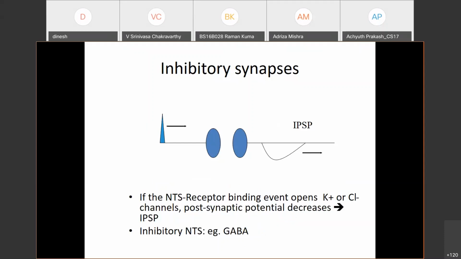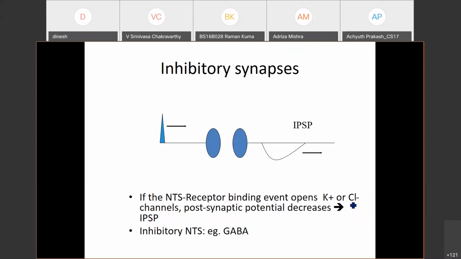Then the other kinds of neurotransmitters, when they act on ion channels, act on either potassium or chloride channels. Potassium ions are positive, chloride are negative. But when you open a potassium channel, potassium goes from inside to outside, so it creates a negative voltage.